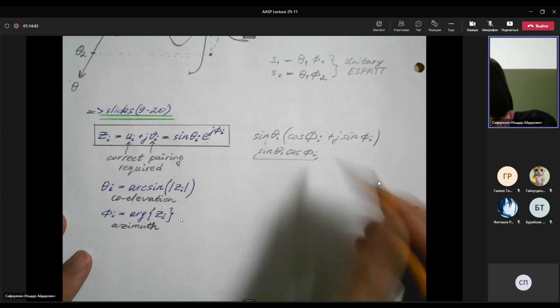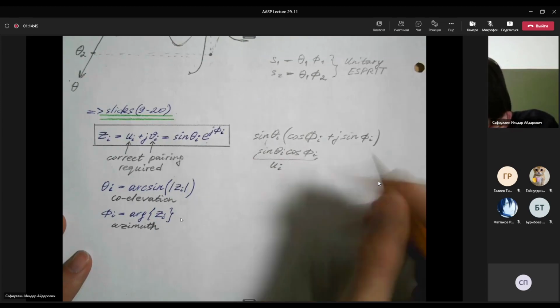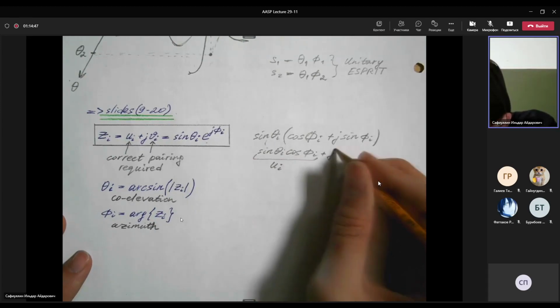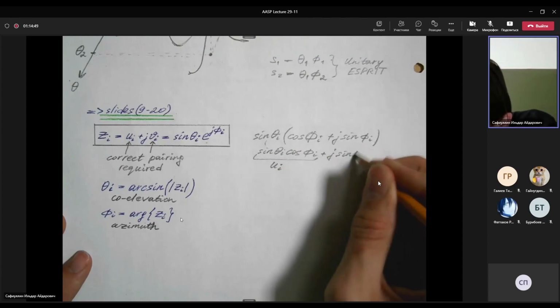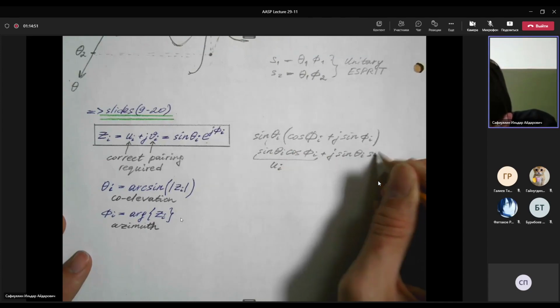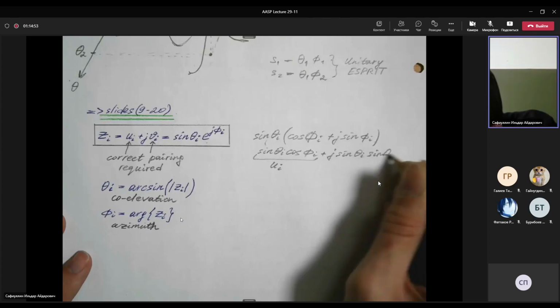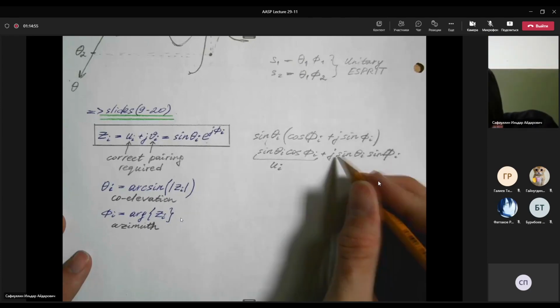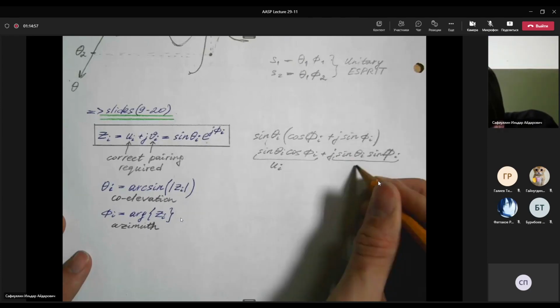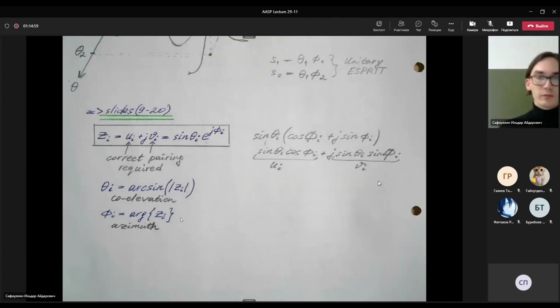It is our u sub i, plus j sine theta i times sine phi i. This one is our v sub i.